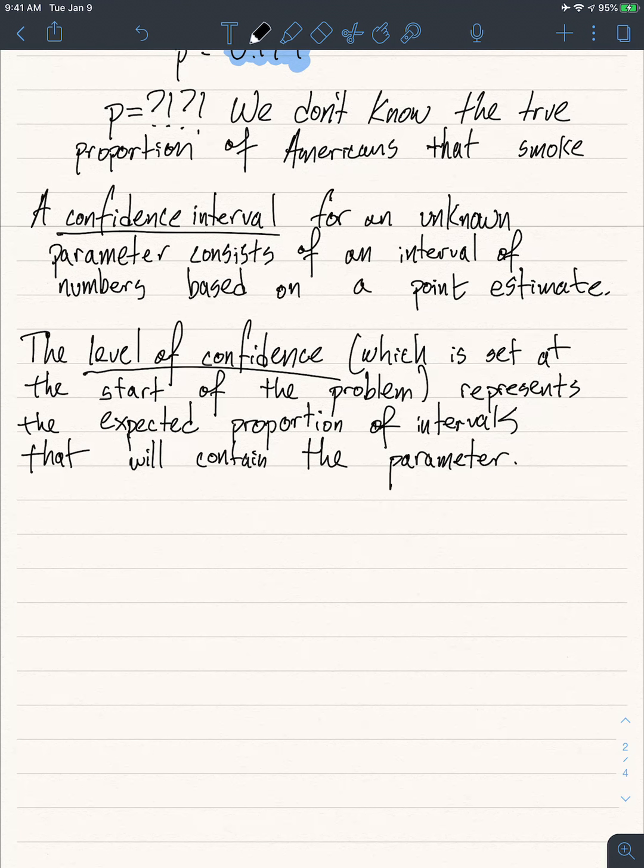We're going to have to figure out how to construct these confidence intervals with math in a little bit.